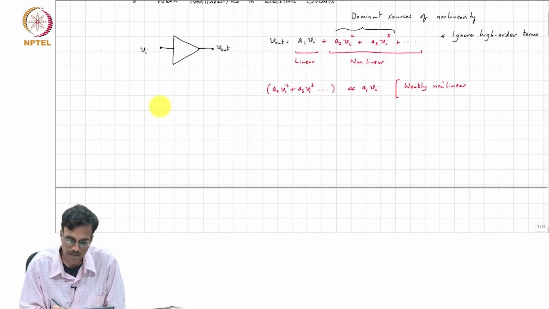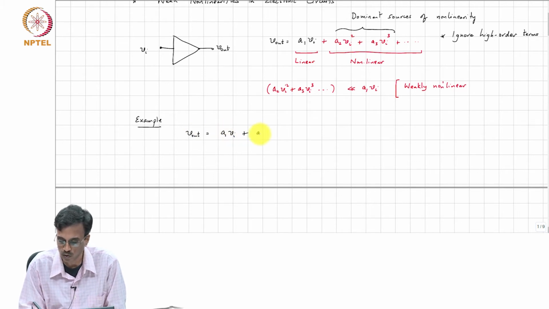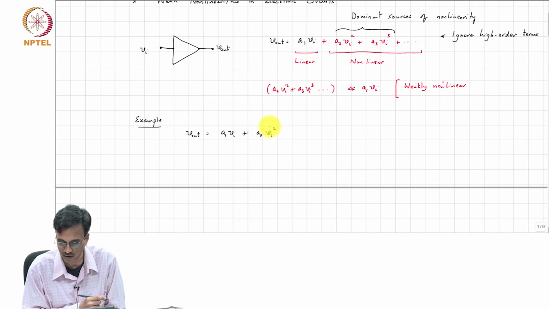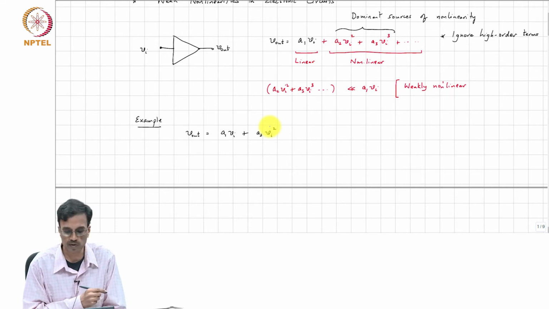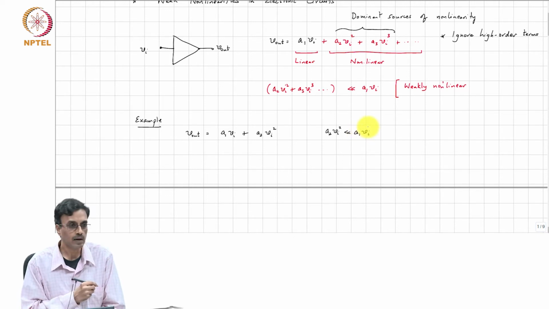So, let us say V out is A1 Vi plus A2 Vi square. All the higher order terms are either too small or non-existent, or so small that they can be neglected, and A2 Vi square turns out to be much smaller than A1 Vi.